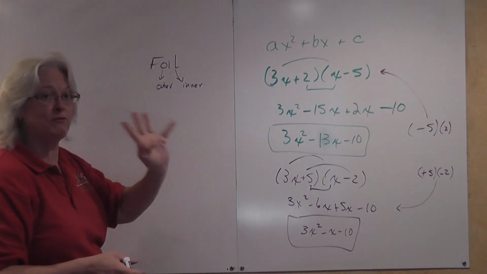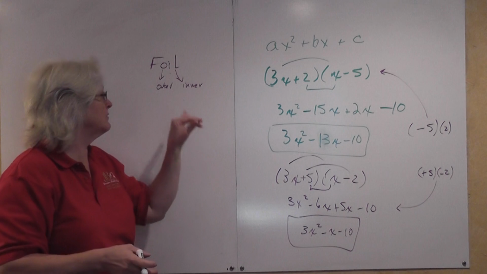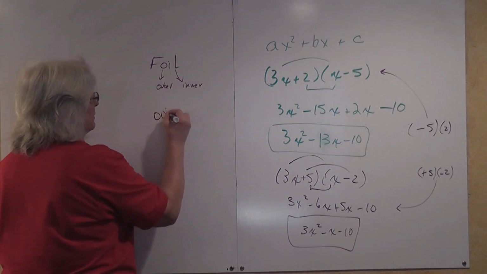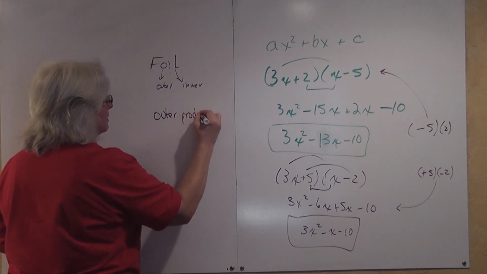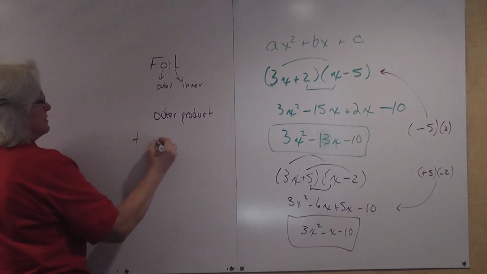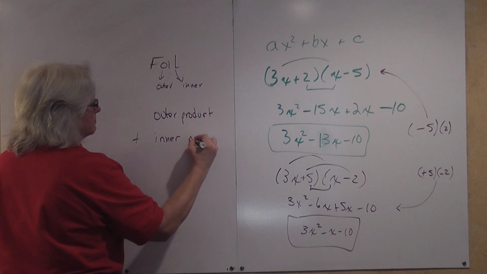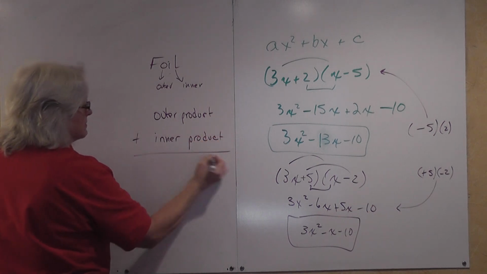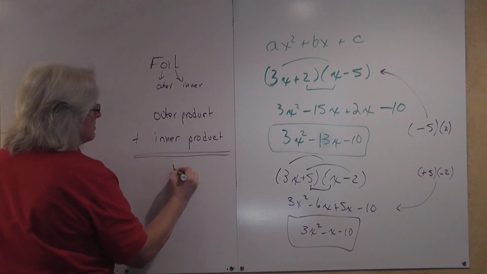So we have 4 partial products, and we're going to deal with 2 of those. We're going to take the outer term, or the outer product, if I can spell, plus the inner product, and this has to equal the term bx.